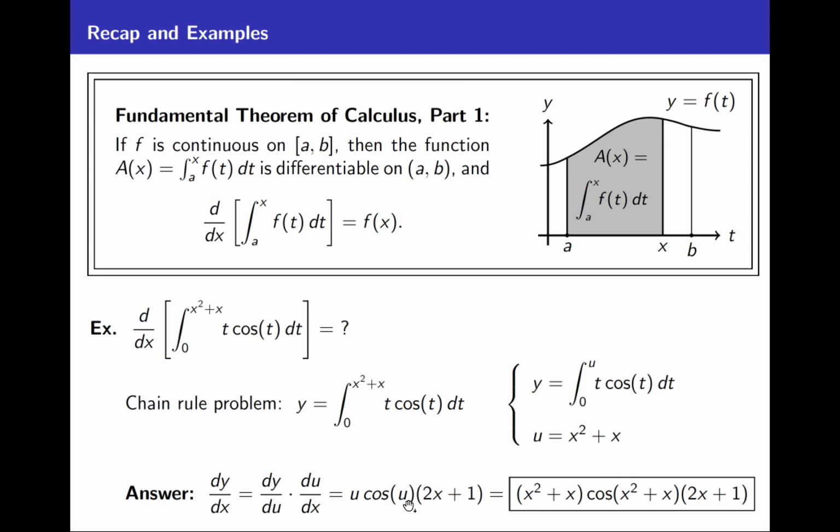The first u becomes x squared plus x. Then we have cosine of the second u. That's cosine of x squared plus x. And then our 2x plus 1. So the derivative of integral from 0 to x squared plus x, t cosine t dt, is what's in the box down here. There's our answer.